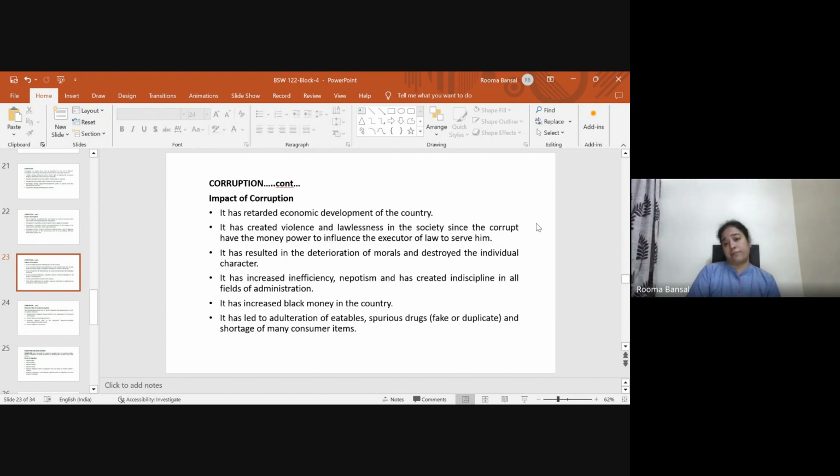If the officers or working people of that agency are corrupt, or suppose the head of the agency is not an honest person, then what happens? The other people, subordinates, colleagues, juniors, will get affected by his practice, and it will increase inefficiency in that workstation and create indiscipline in every department.